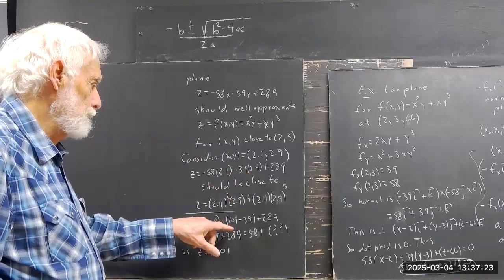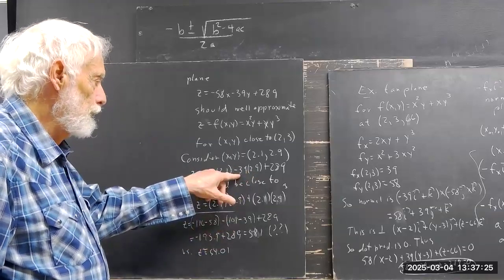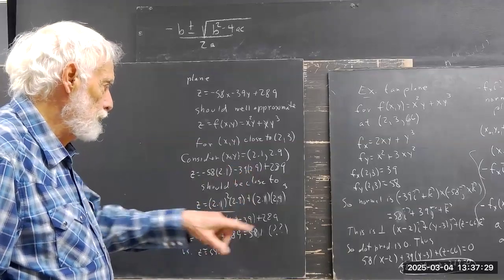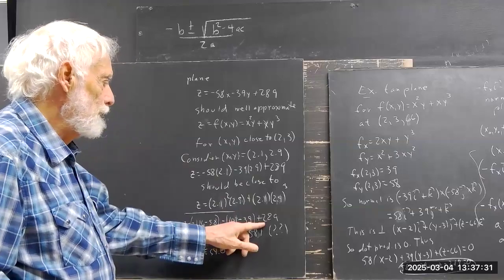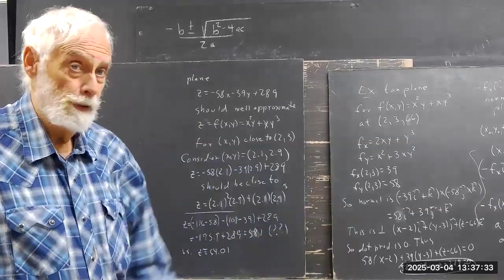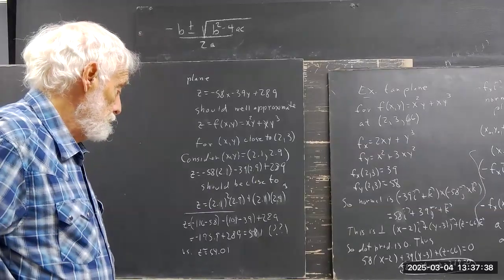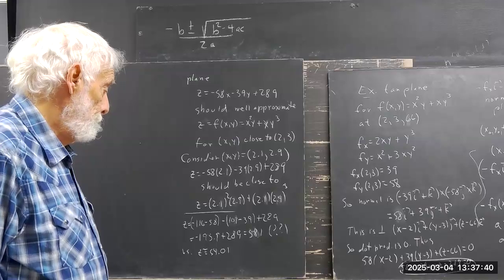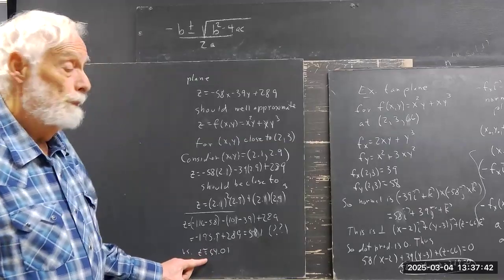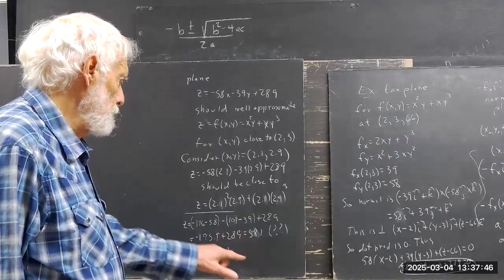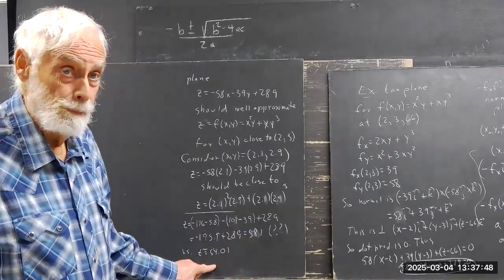It didn't screw it up because 3 times 39 is 107, and minus 0.1 times 39 is 3.9. I might have screwed up the 2.9 when I did the calculation there. This is what you get from the function. What I got up here is like 58.1, just that far from it.